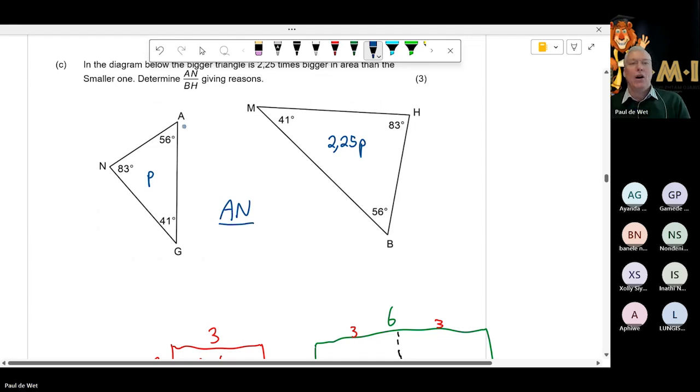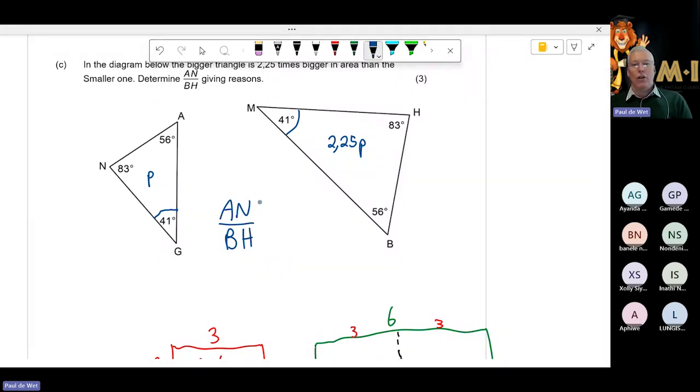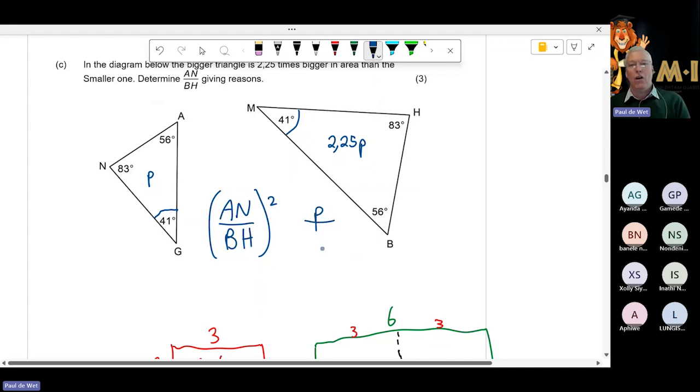AN over BH. Look where AN is. AN is opposite the 41-degree angle, and this one is BH. AN over BH, I don't know what that is, but I do know that when I square that, I will get the ratio of the areas, P over 2,25P.